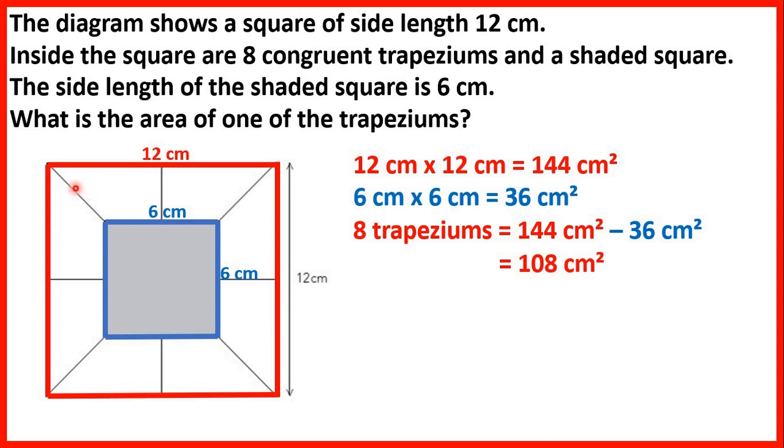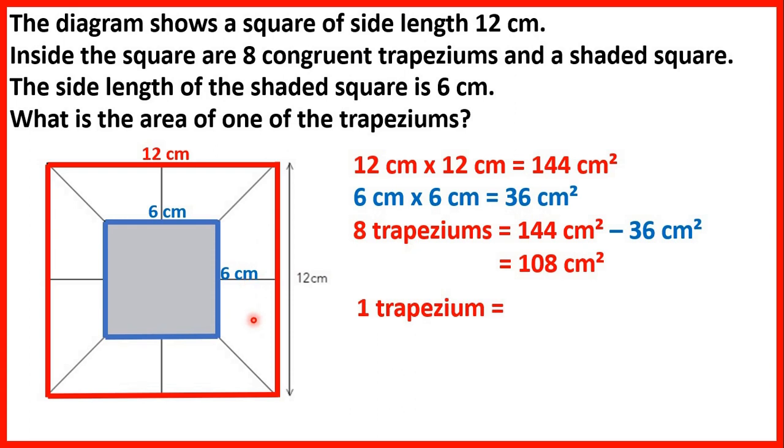So that tells us that these 8 trapeziums have a total area of 108 centimeters squared, because then if the shaded square is 36, 108 plus 36 gives us a total area inside the larger square of 144.